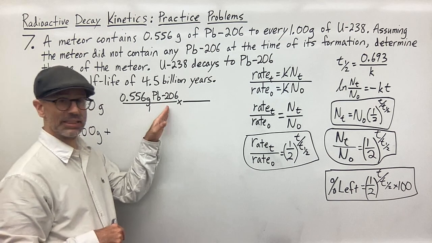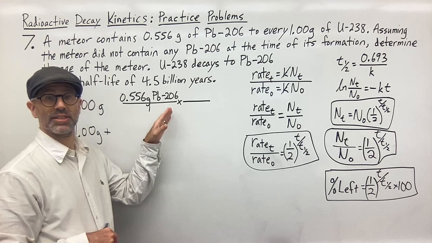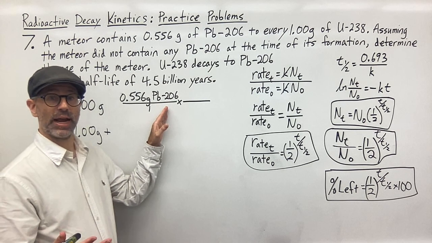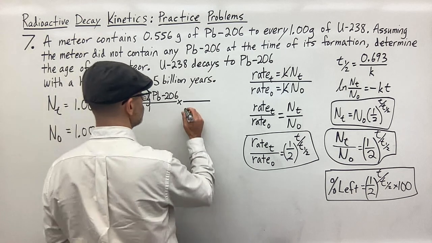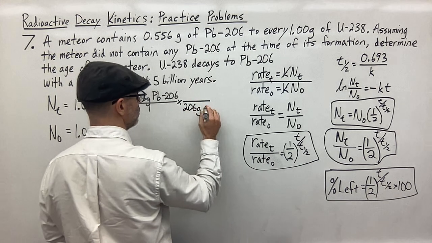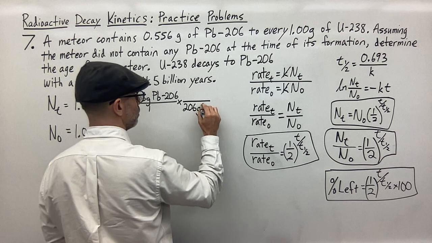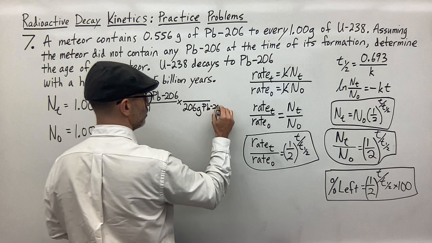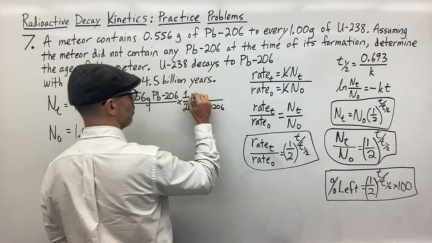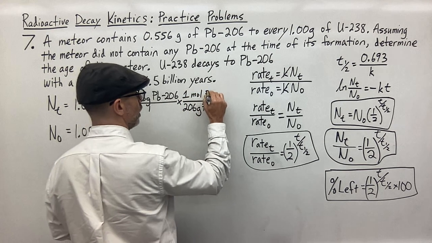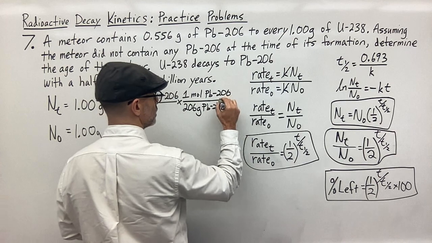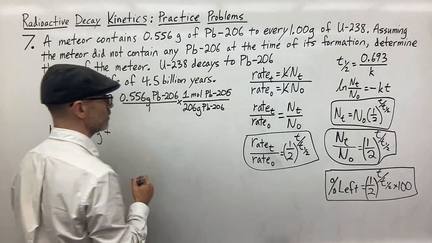We're interested in this particular isotope here. So since it has a mass of 206, then it's 206 grams per mole. So we're going to put 206 grams of the Pb-206, and then on the top we're going to put 1 mole of Pb-206.